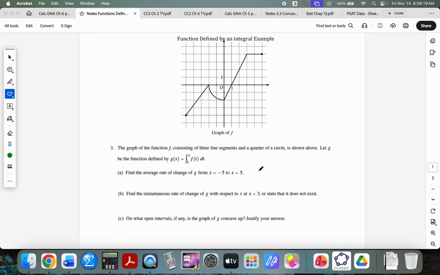All right, so the average rate of change of g is going to be g of 5 minus g of negative 5 over 5 minus negative 5.